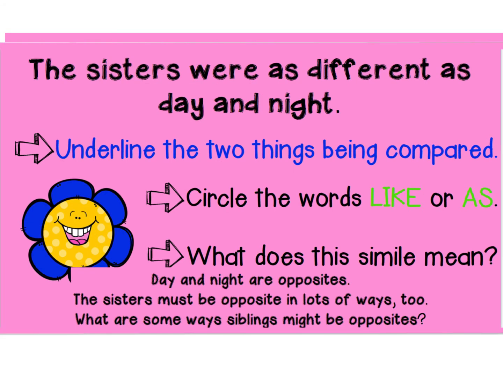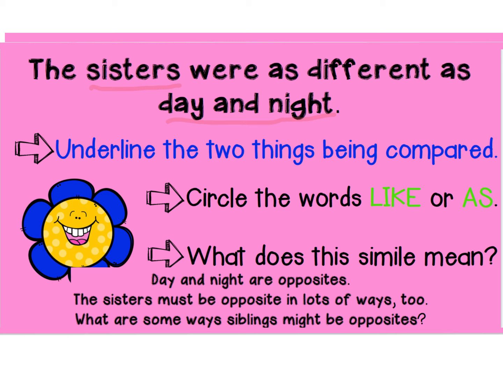Here we have another example of a simile. The sisters were as different as day and night. Okay, so the two things that are being compared here are the sisters and day and night. And we're going to circle the like or as because we need to make sure if it's a simile, it should have like or as in it.